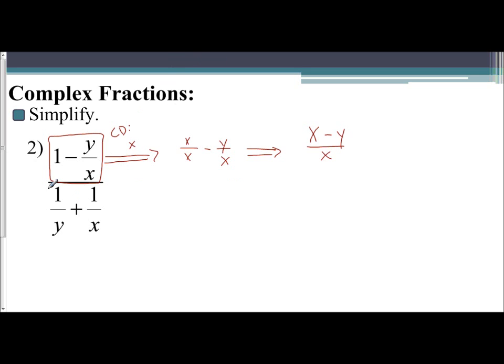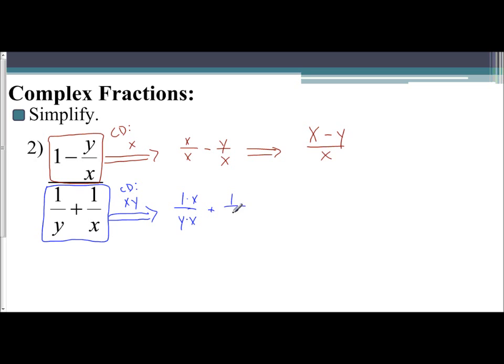I do the same thing with the bottom. I have 1 over y plus 1 over x. I need to identify my common denominator. This has an x, this has a y. They have nothing in common, so I just write down what remains, which is xy. This 1 over y, I need to multiply the top and the bottom by x.